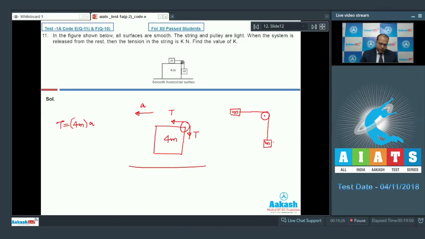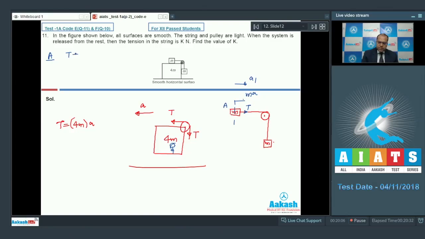So at t equal to 0, if I study the motion of this system in the frame of reference of the 4m wedge, then I can apply a pseudo force. So if m is the mass of this, then I can apply a force m into a on this, and suppose in this frame this is moving with an acceleration a1. If I apply the equation for this block A, then tension T will act in this direction.